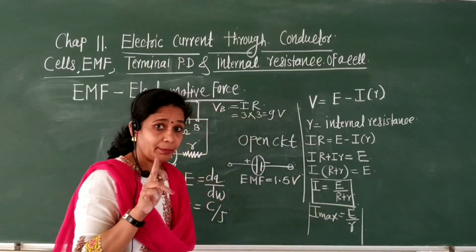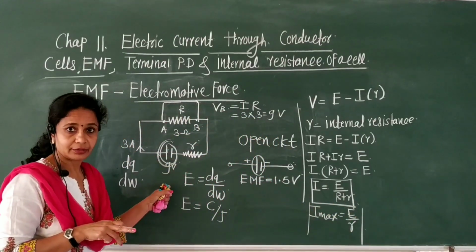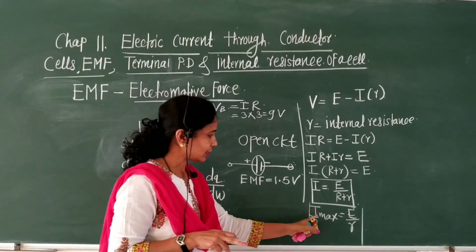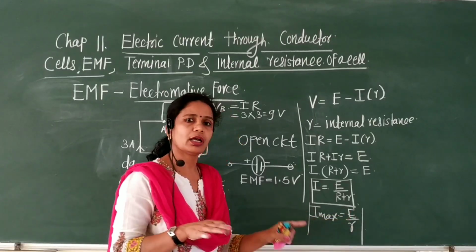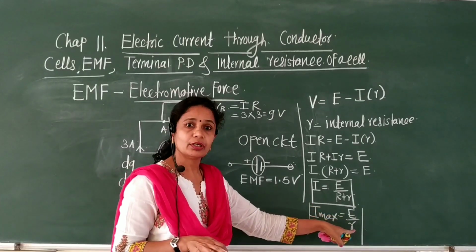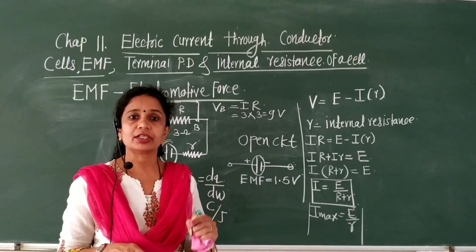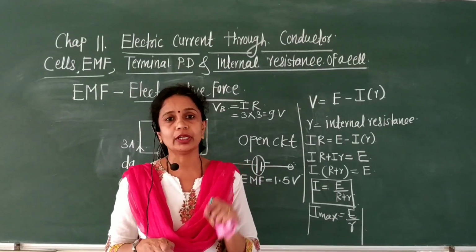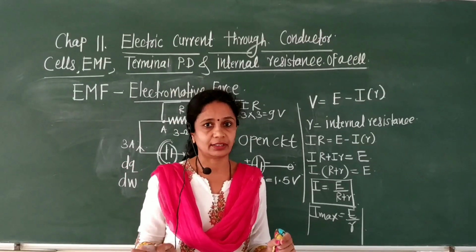This is the maximum current flowing through the circuit. Therefore, EMF means the potential difference between the two electrodes of a cell in an open circuit.